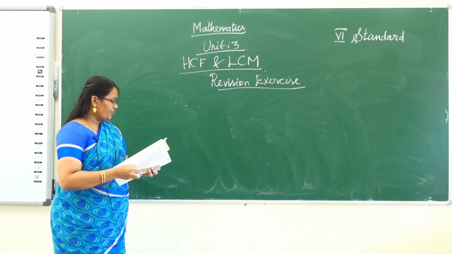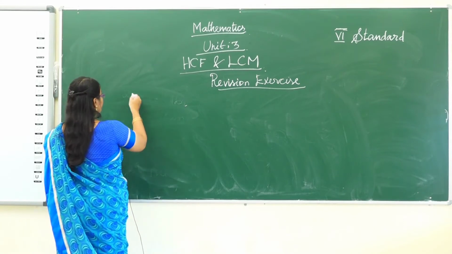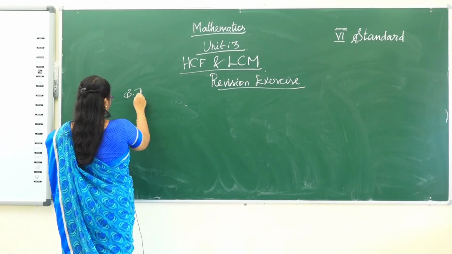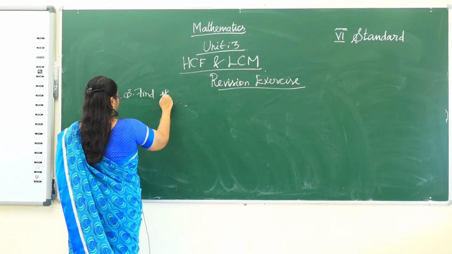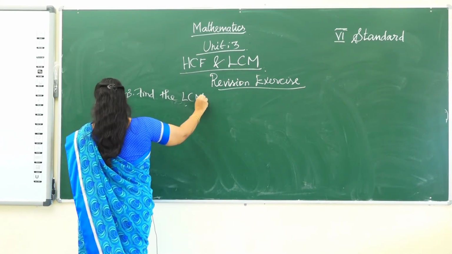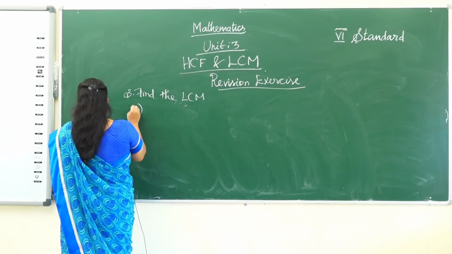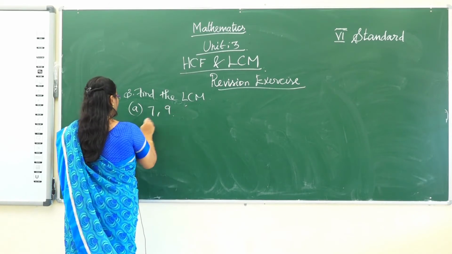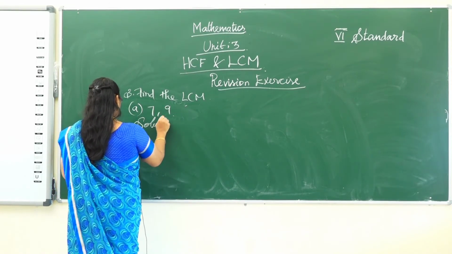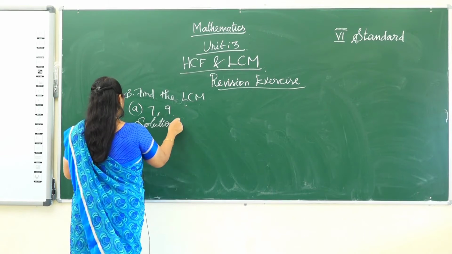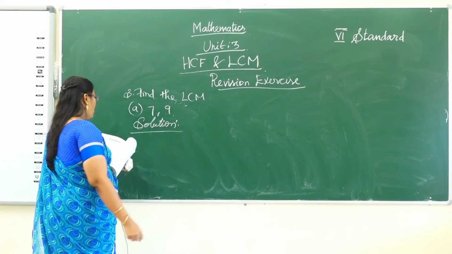Find the LCM of the following. First one, A. 7 and 9 is given. Solution. What we do? LCM, least common multiple.